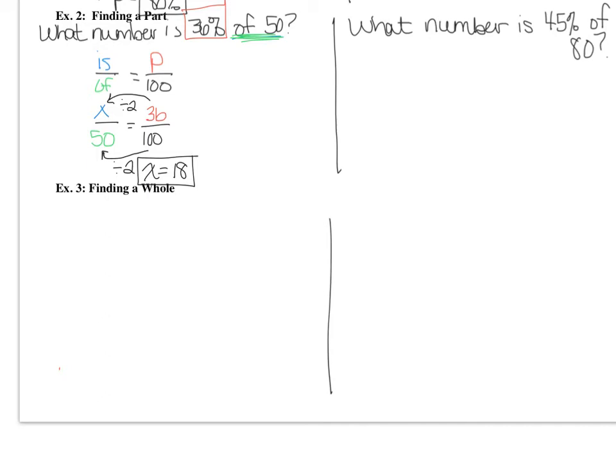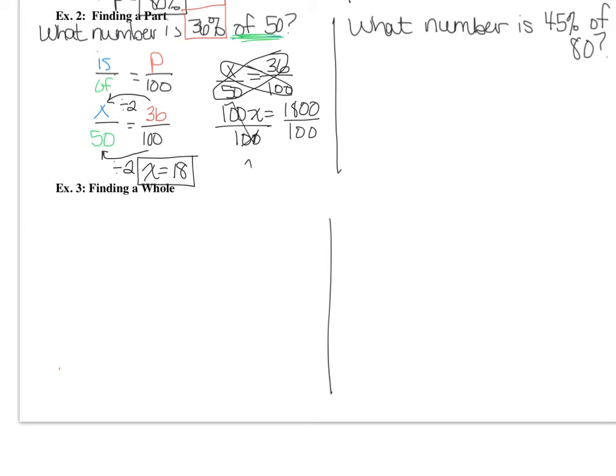This is just 18. If I were to solve this using proportions, I would have come up with the same answer, but let's go ahead and work it out. So this would be 100x equals 36 times 50, which is 1,800. Divide both sides by 100.